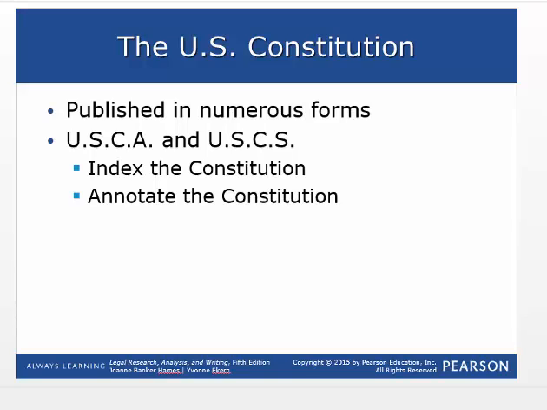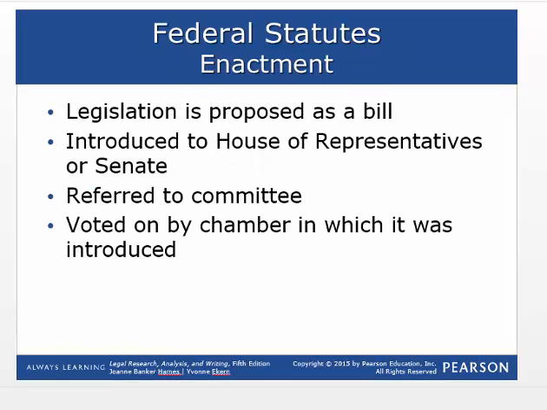The U.S. Constitution is published in various forms. You can find it in lots of different places. Statutes, both federal and state statutes, are passed as legislation that begins as a bill.